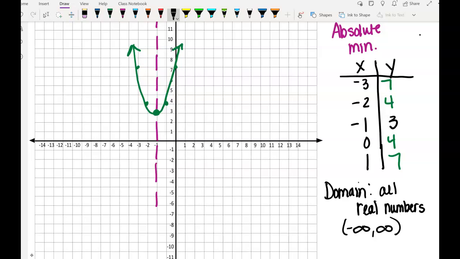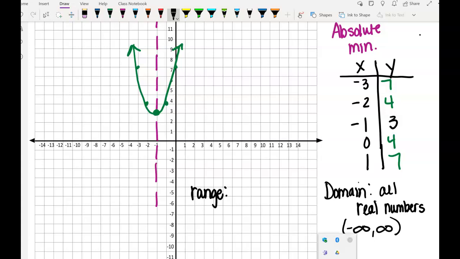But now my range. My range is my y values. What is the lowest y value that I can have on this graph? 3.